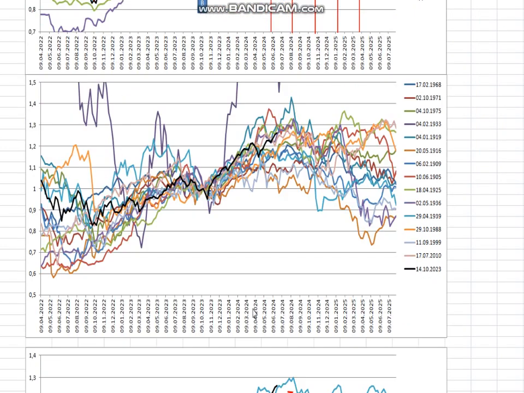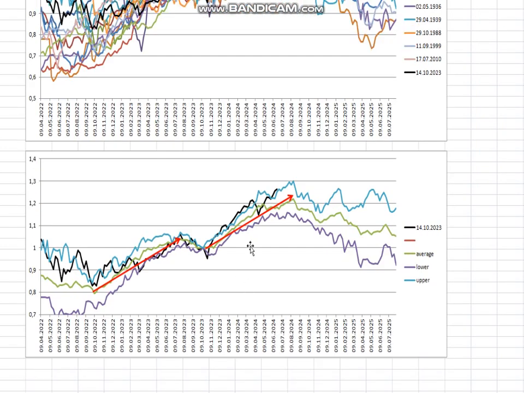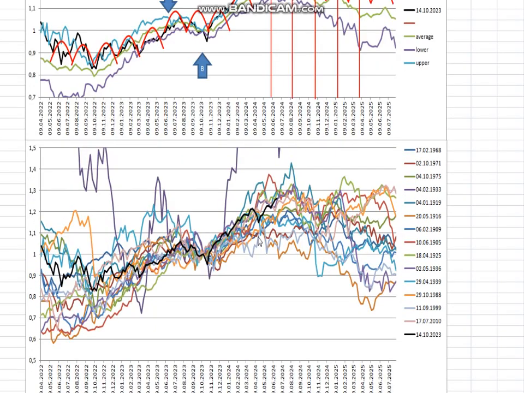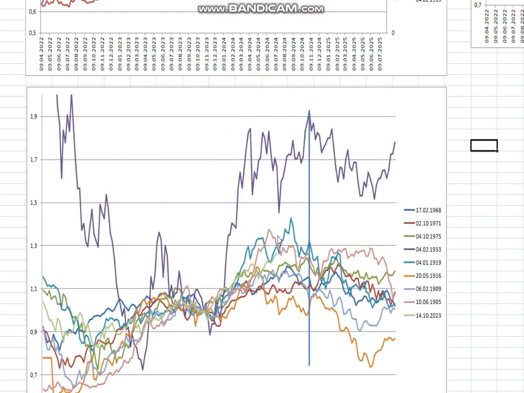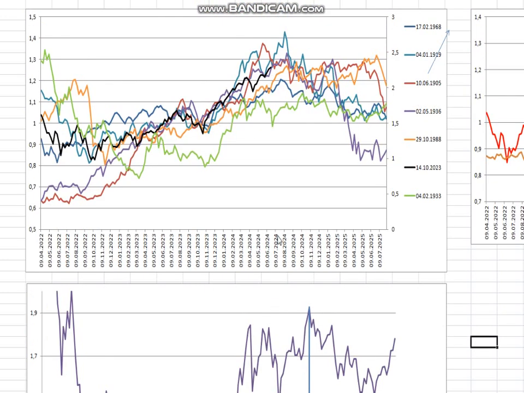I made an average here, but then I narrowed it down, because all these bull markets, they have different positions relative to the theoretical cycle. And here I picked those ABC bull markets that are most similar to this current one.